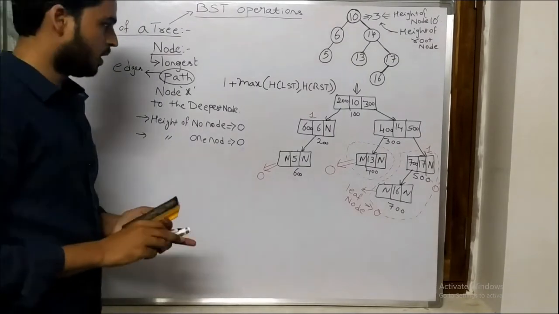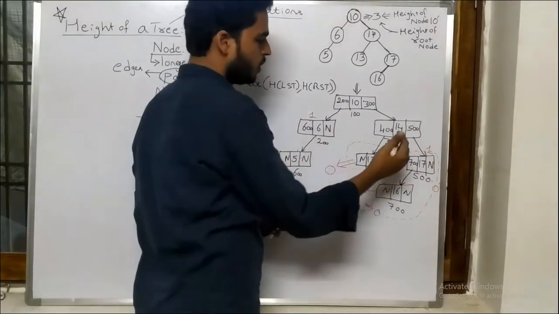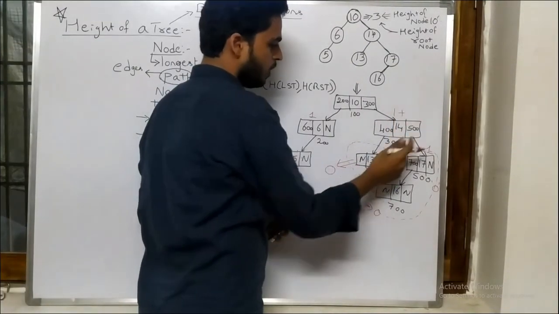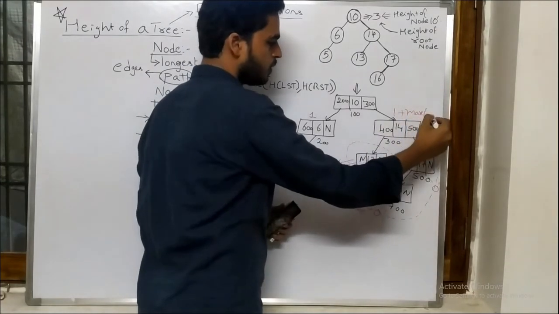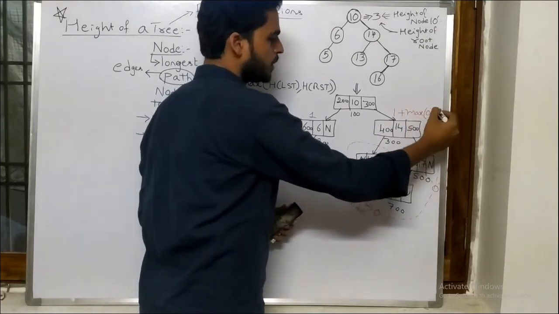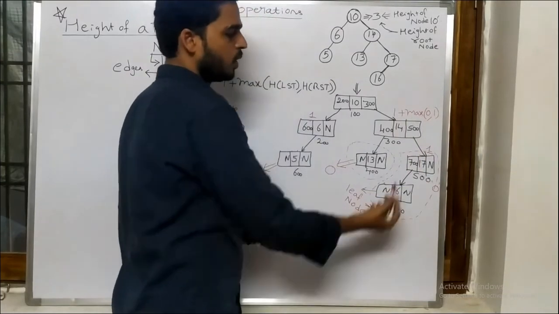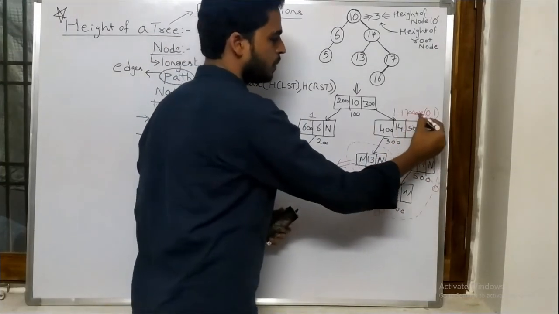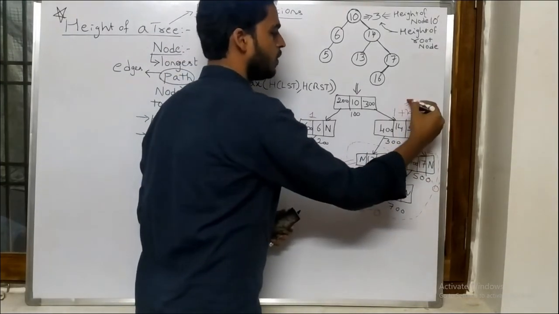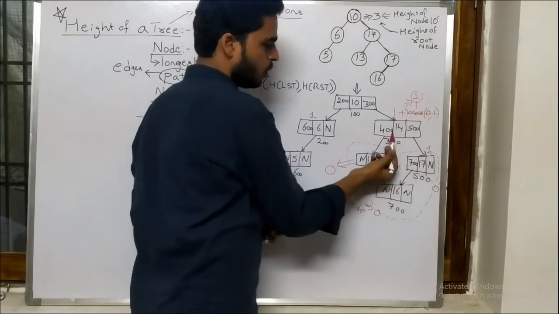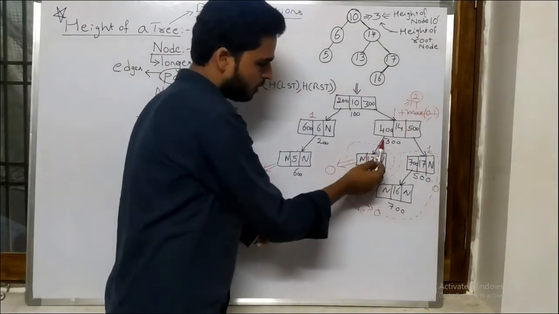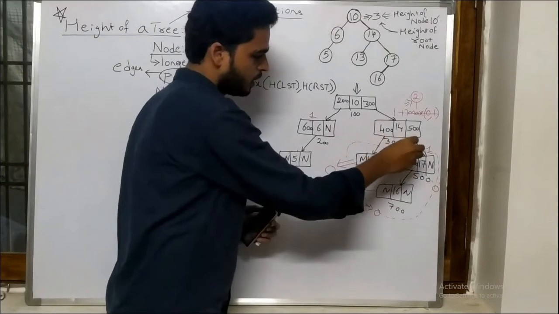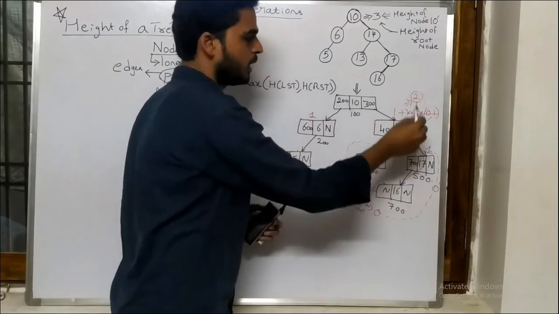So what do you do here? 1 plus, what is the height of the left subtree? Maximum of 0 comma the height of the right subtree, which is 1. So among these two, whichever is the maximum, 1 is the maximum. So I will get the value 2 here. So what is the height of the node 14? 2, right? Just check. From here I need to find the paths. This is one path and this is one path. So obviously it is 2.